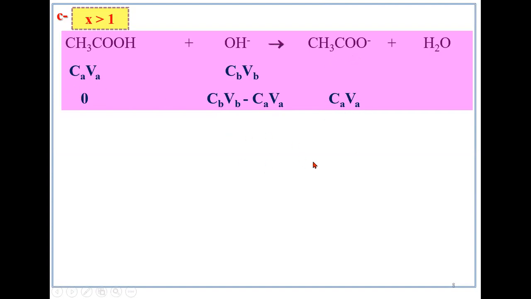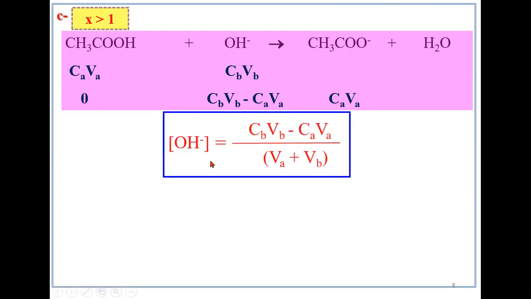What do you have here? Yes, you have a mixture of a strong base and a weak base, as we said before. The pH is only going to be determined by the strong base. OH minus is going to be CBVB minus CAVA, which is the moles, divided by total volume, which is VA plus VB.